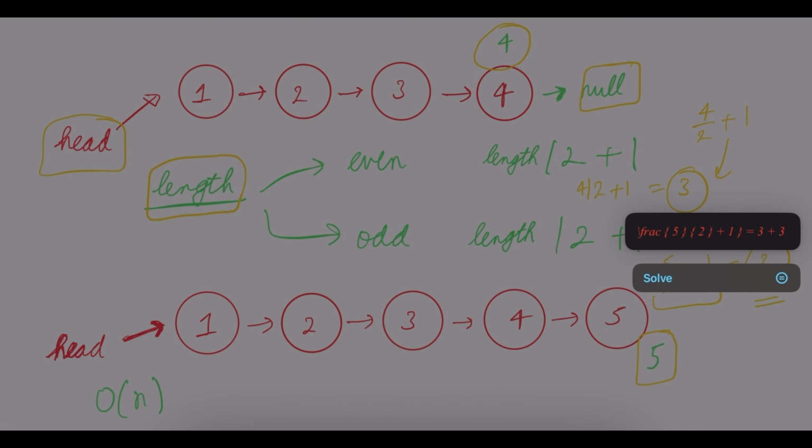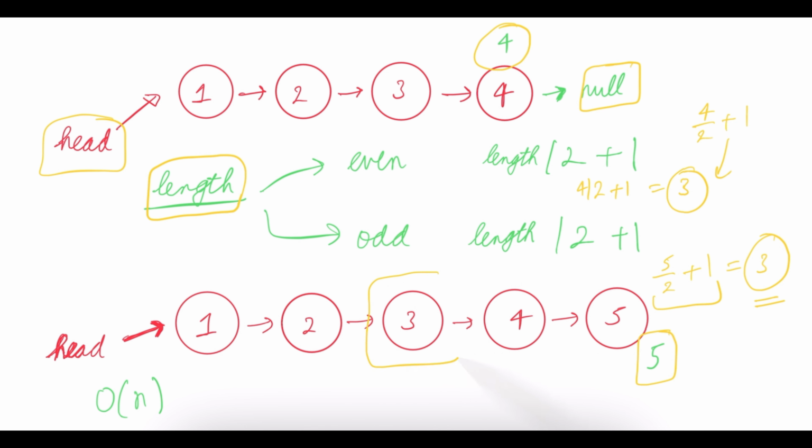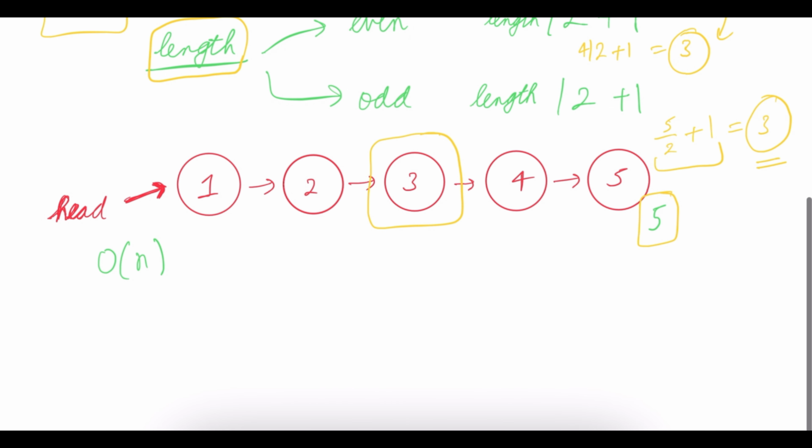Here the third node is this node 3, and for the even case the middle node is also node 3, the third node. So this approach involves finding the length of the linked list, which is O(n) time and O(1) space, which is great in terms of time complexity.